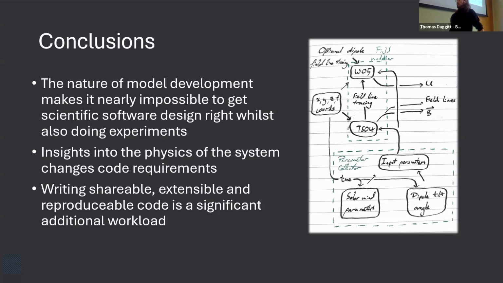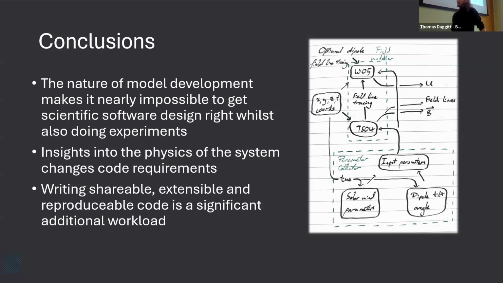As you learn new physics, or find new things you want to do with it, it's naturally going to change what you need the code to do. I guess this didn't come entirely as a surprise to me, but the magnitude of it did. The amount of time it takes to convert working code into something that is shareable, extensible and reproducible, or even to write it that way the first time around, is a really enormous additional workload.